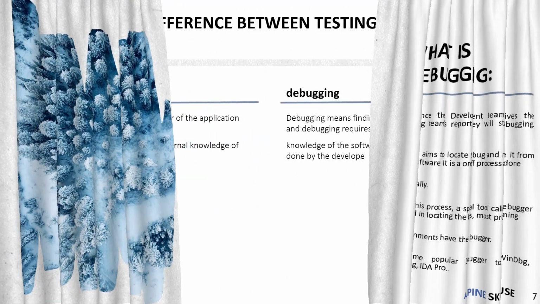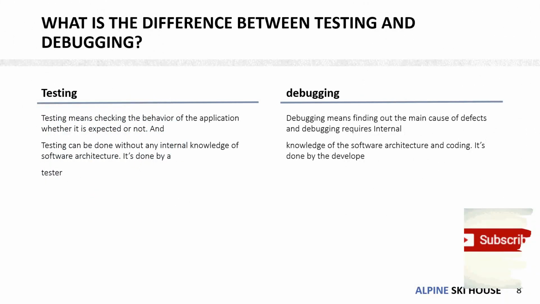Now, what is the difference between testing and debugging? Testing means checking the behavior of an app, like the black box and white box testing we are understanding here. Testing means checking the behavior of an application, whether it works as expected or not.